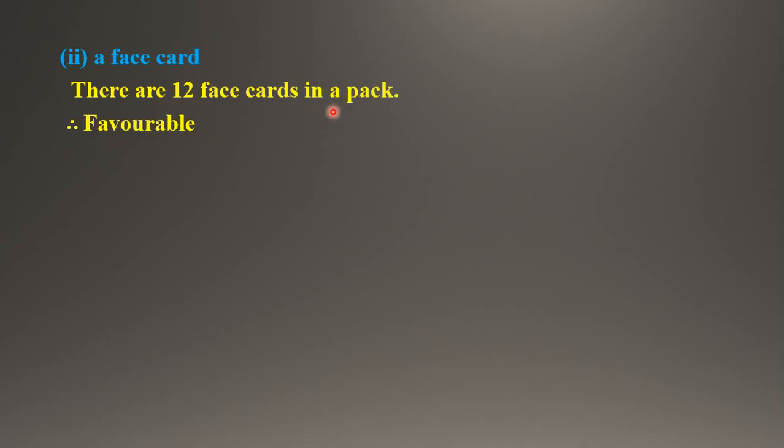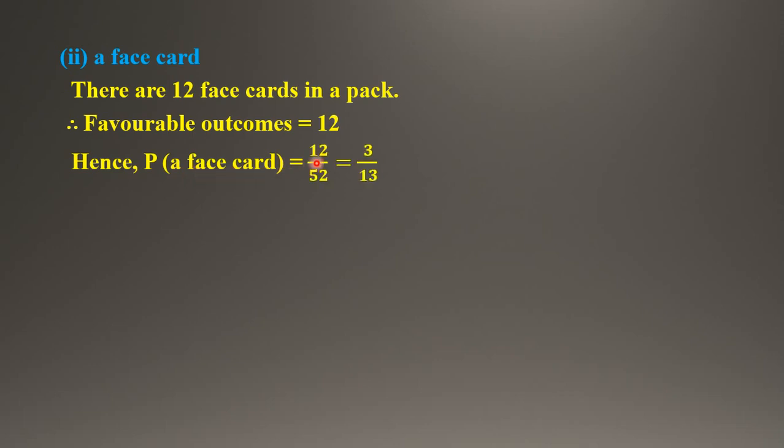Now come to the second, a face card. You know there are 12 face cards in a pack, 3 for each suit. Therefore favorable outcomes 12, hence probability of a face card is 12 upon 52, 3 upon 13. Next, a red face card.